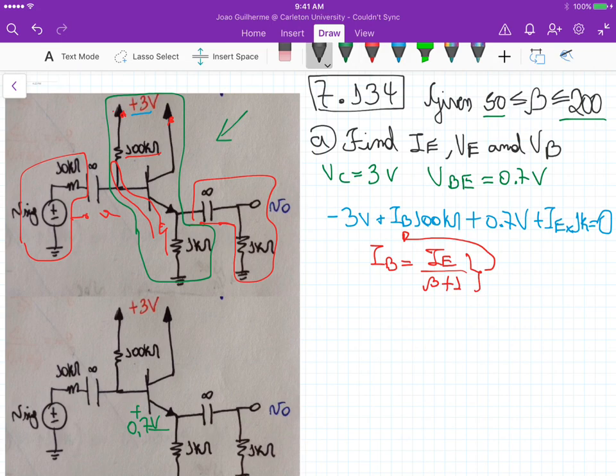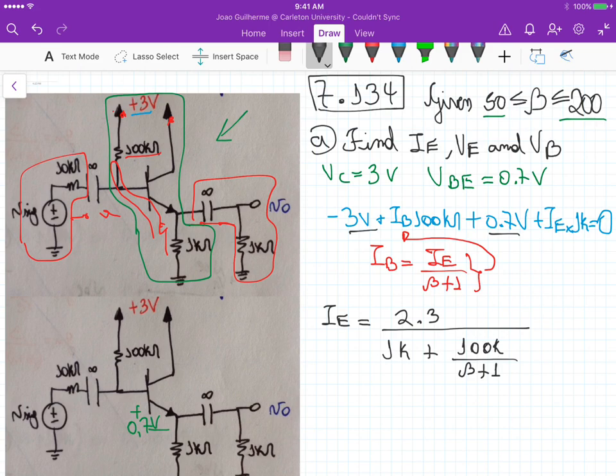So IE is equal to 2.3, those 3 minus 0.7 on the right hand side, divided by the emitter resistance 1K, plus the base resistance 100K, divided by beta plus 1.